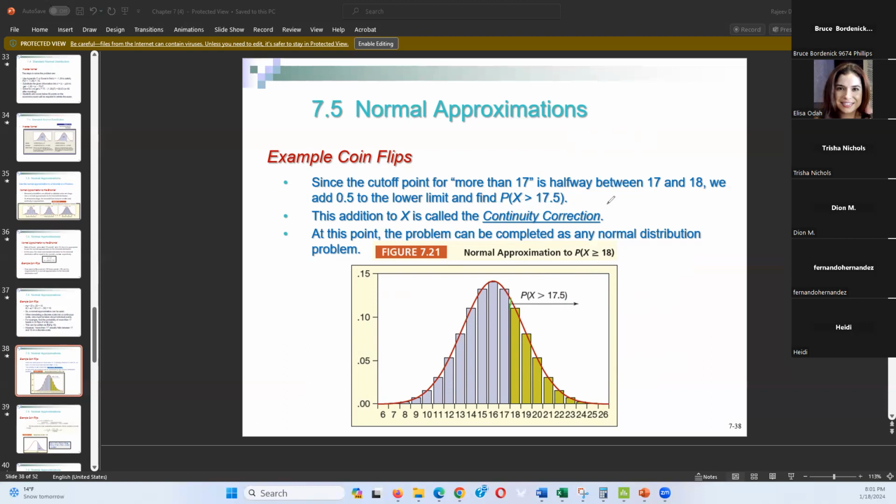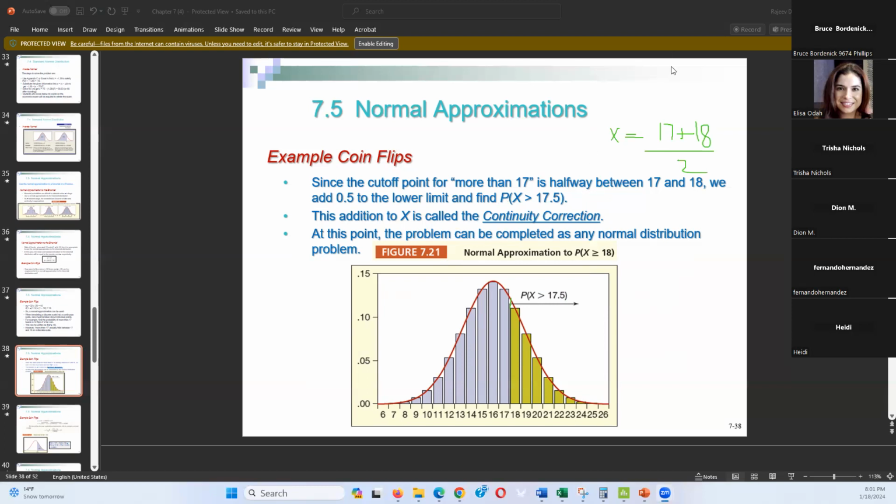So this is the X value when you do the normal approximation of binomial and Poisson. You consider this X value, not 17, not 18, but 17 plus 18 divided by 2, which is 17.5. So always remember this.